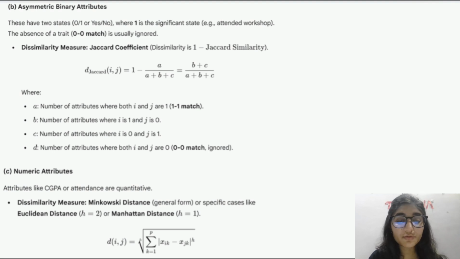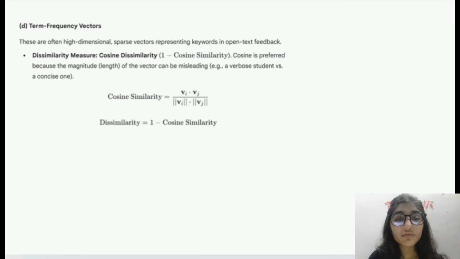Now D is term frequency vectors. These are often high dimensional sparse vectors representing keywords in open text feedback. So the dissimilarity is calculated by cosine dissimilarity, that is 1 minus cosine similarity. Cosine is preferred because the magnitude, or length, of the vector can be misleading.